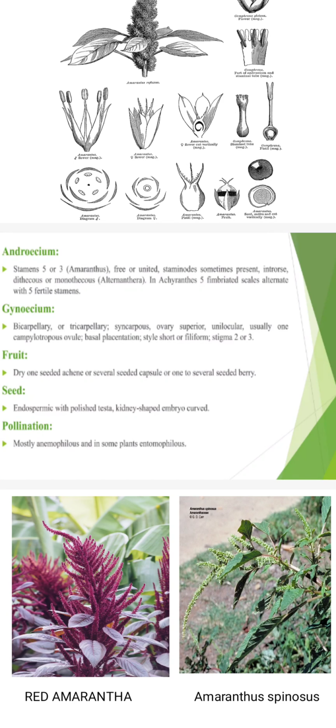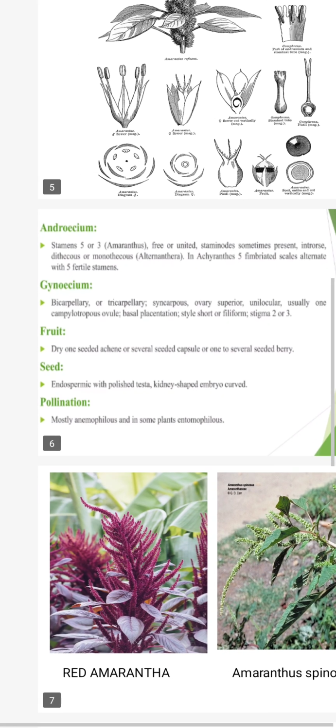For example, Rajgira you have seen. So Rajgira is the best example for this. Seeds are endospermic, that is, they are full of endosperm, nutrient containing.